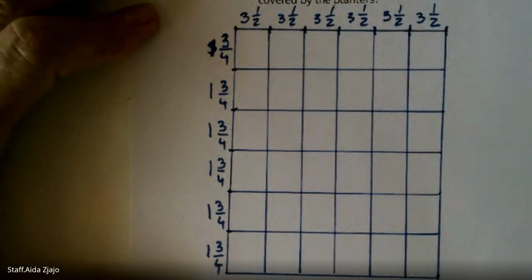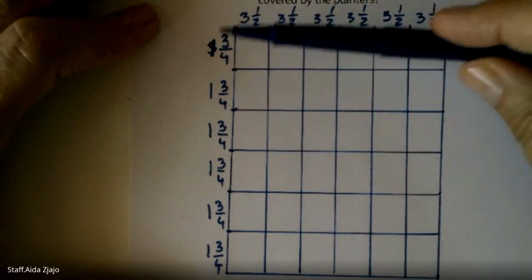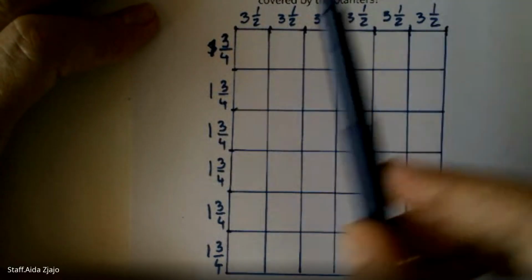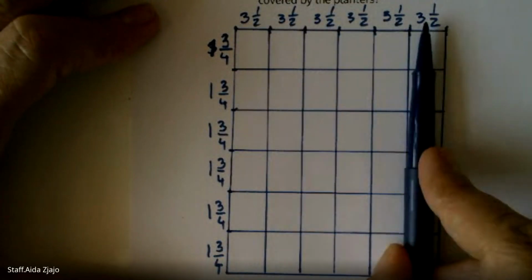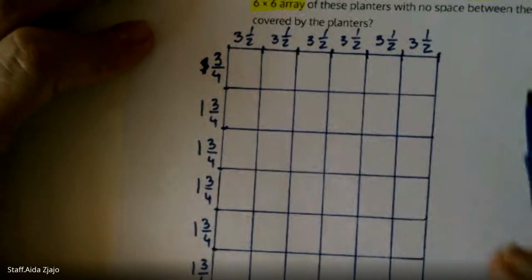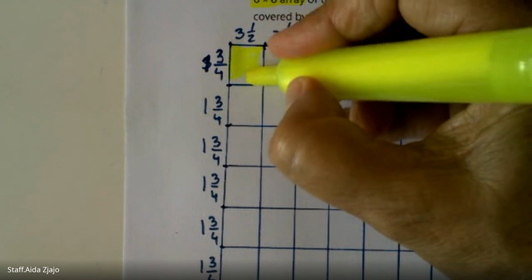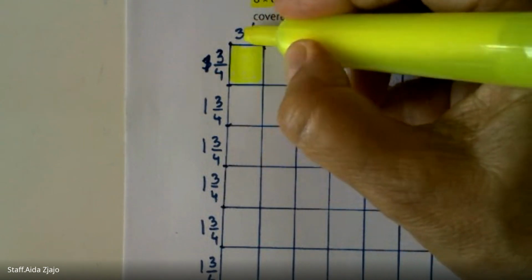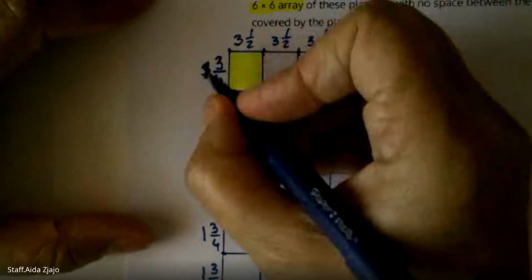We can check 1, 2, 3, 4, 5, 6 rows, 6 columns, 3.5 in each. So if we would like to find the area of one, then we need to do 3.5 times 1 3/4, which we're going to do.